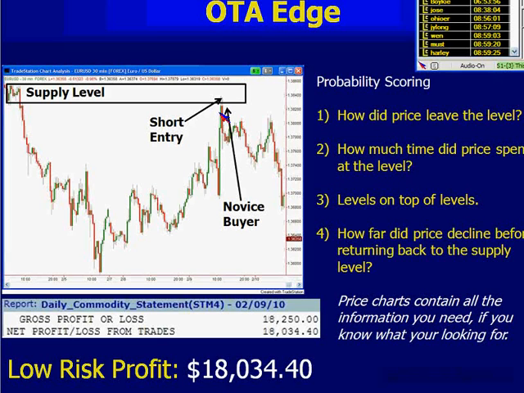Because remember, with each successive move back into a supply or demand level, some of that supply or demand is becoming weaker and weaker and weaker because those orders are being absorbed. So if you see a level and prices kind of blow through it, chances are it's like the 3rd or 4th time. You would never want to take that anyway. Focus on the first retracement.